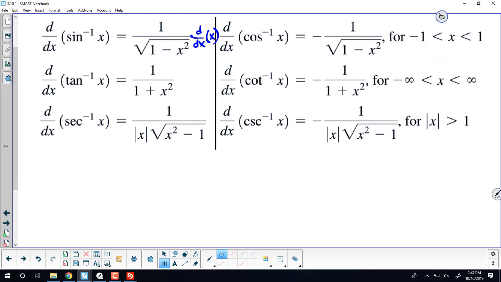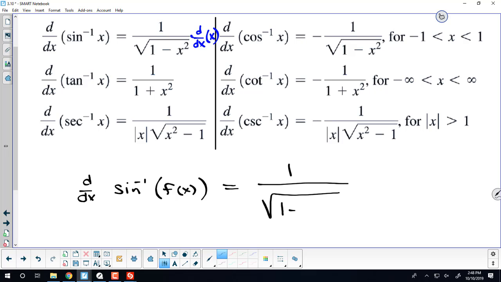So, just for example, the derivative of the inverse sine of f of x is 1 over the square root of 1 minus the function squared times the derivative of the function. So all of those are really chain rules, all multiplied by the derivative of the argument. Does anyone have any questions about that?